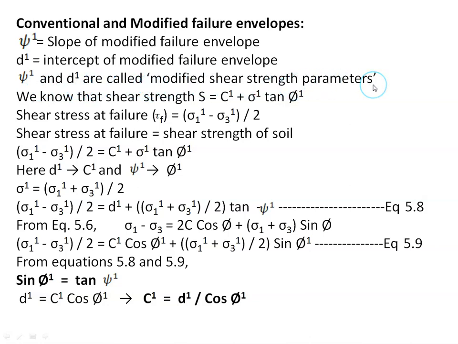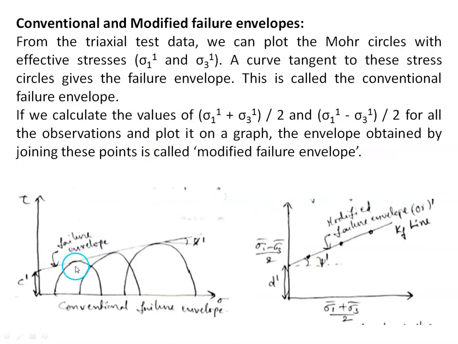We know that shear strength equals c plus sigma tan phi. If we write in terms of effective stresses, then c dash plus sigma dash tan phi dash, and shear stress at failure equals sigma 1 dash minus sigma 3 dash by 2. So what is the shear stress at failure, or maximum shear stress? If we go to the Mohr circle, wherever this failure envelope touches the Mohr circle corresponds to failure.